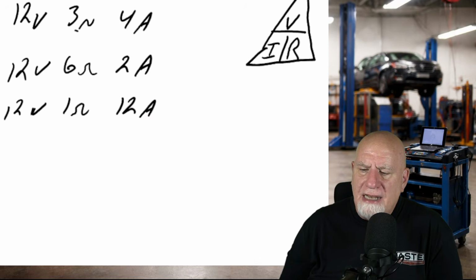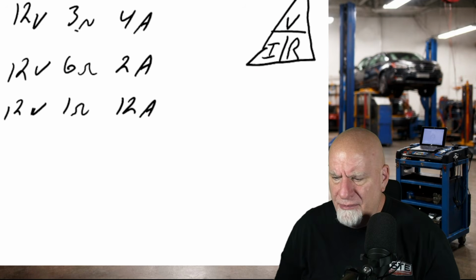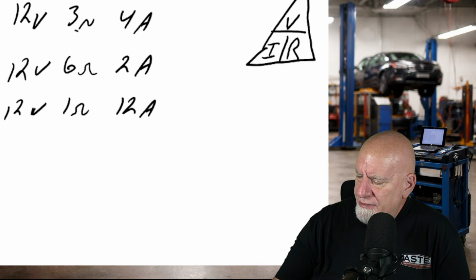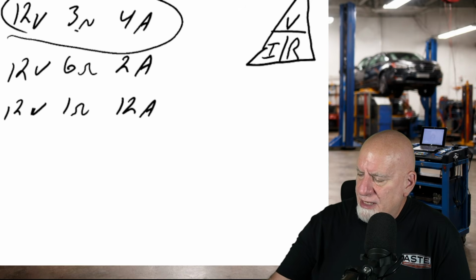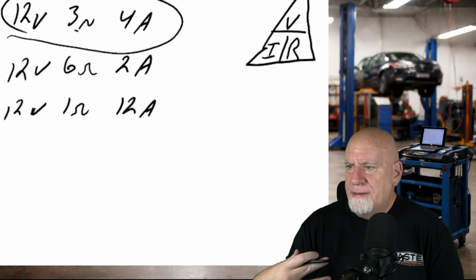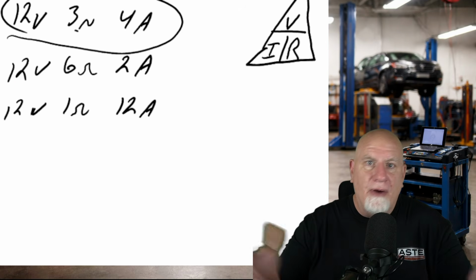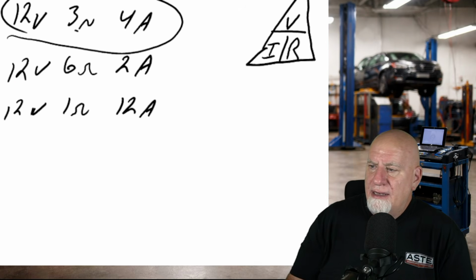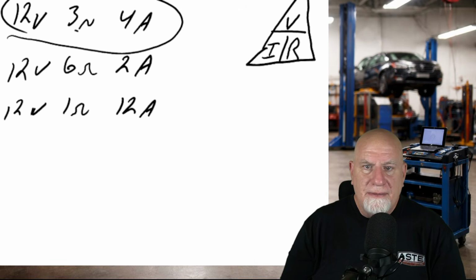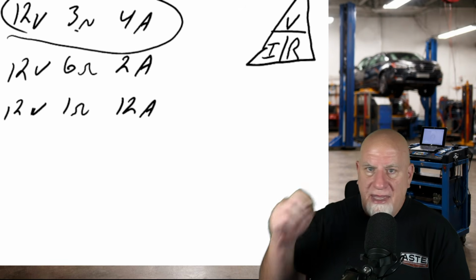So Bill, how does this relate to an automobile? Let's say that the normal reading for this circuit should be what we have up top here. 12 volt circuit, 3 ohms of resistance in whatever component is in there, and 4 amps of current flow. Now, let me give you a big asterisk here.